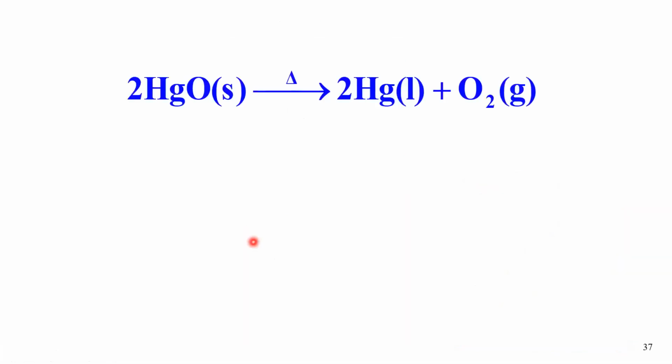So I'm going to give you a minute. See if you can assign oxidation numbers to all of the species that are there. Decide whether it's a redox reaction. And if it's a redox reaction, what's being oxidized and what's being reduced.